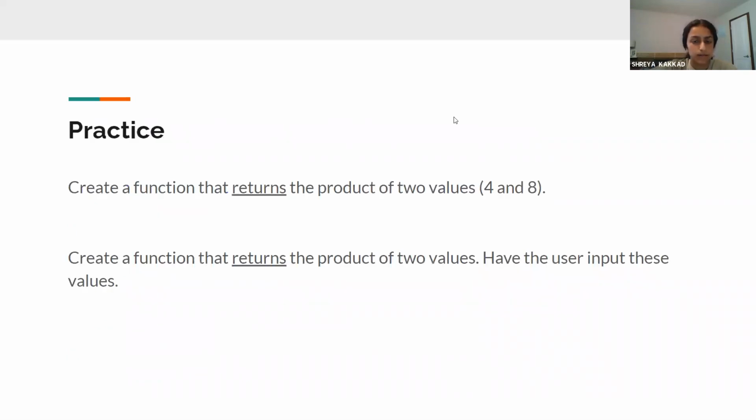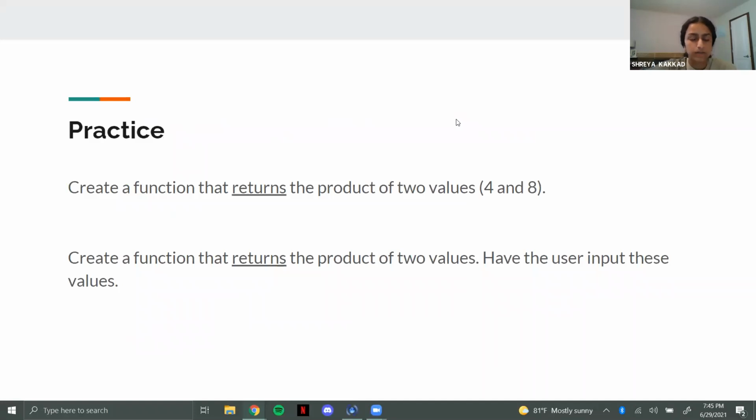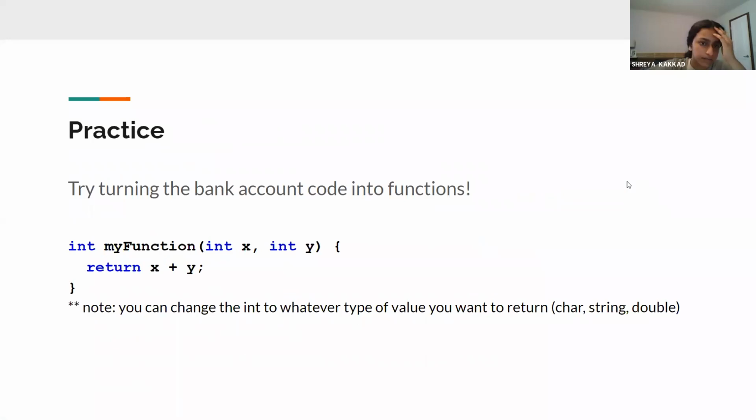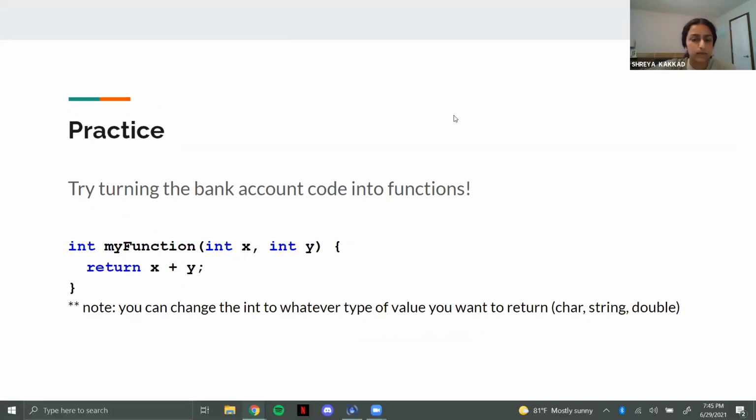All right. And so we'll just skip this for now, and you could just try this as homework if you wanted to. The next thing I'd like us to try is turning this bank account code into functions. I think this would be a fun way to try out some functions.